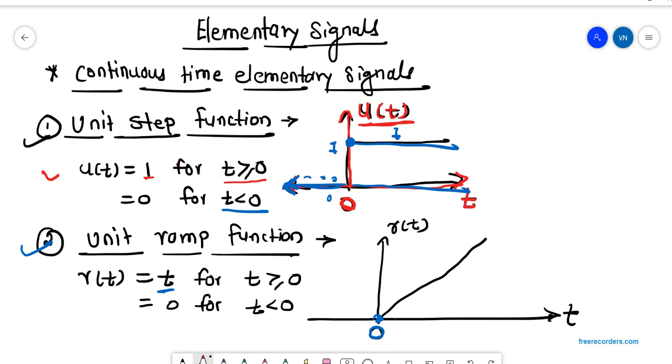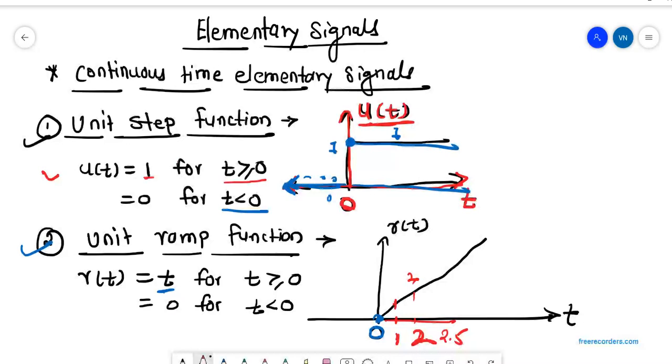If the time is 1, t is equal to 1, then your amplitude is also 1. Means for each and every time, we are having the same amplitude. So r of t is equal to t is nothing but whatever the time is there, for that time your amplitude becomes same. Means that t is equal to 2, then you will get 2.